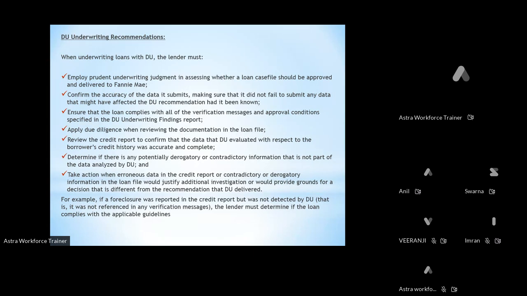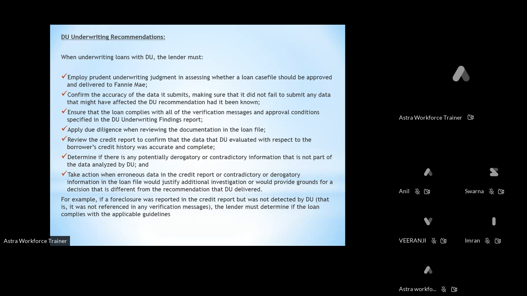That can be double checking, but for due diligence we need to have some strategy involved. For example, if DU is recommending one income, but what we have calculated manually is coming out otherwise, we are trying to match, but we cannot match the figures just like that.